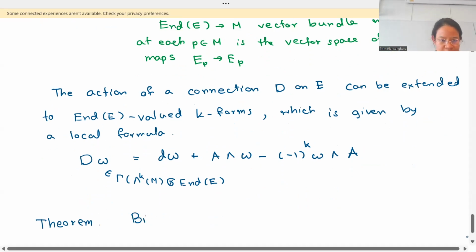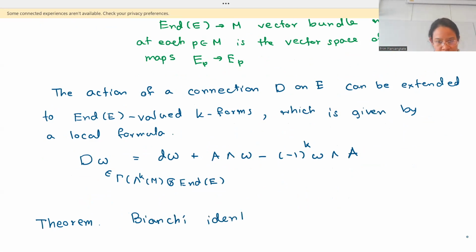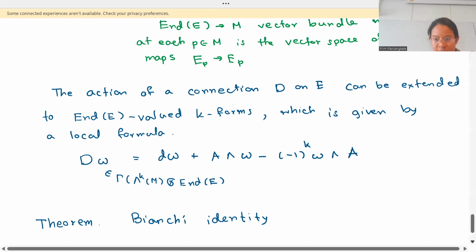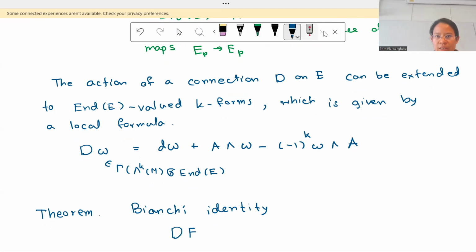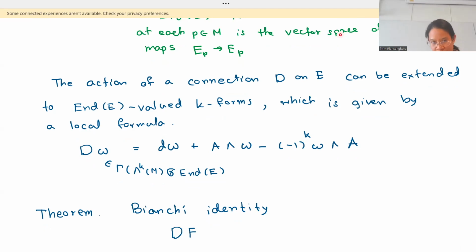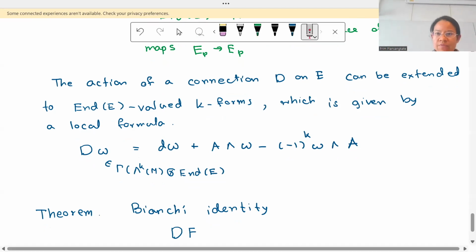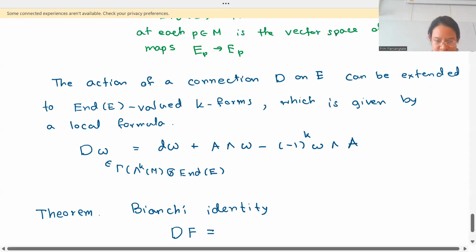It is the Bianchi identity. An identity on the curvature that dF, and dF is defined like this. If F is the curvature of a connection on the vector bundle, then dF is 0.